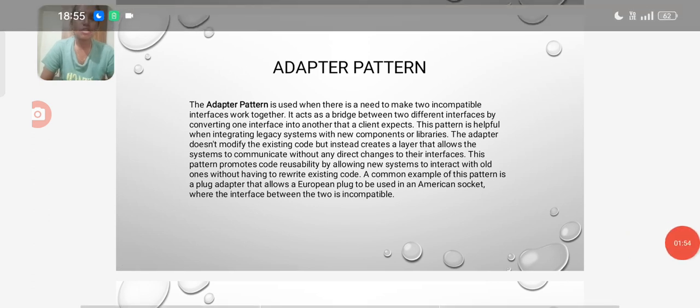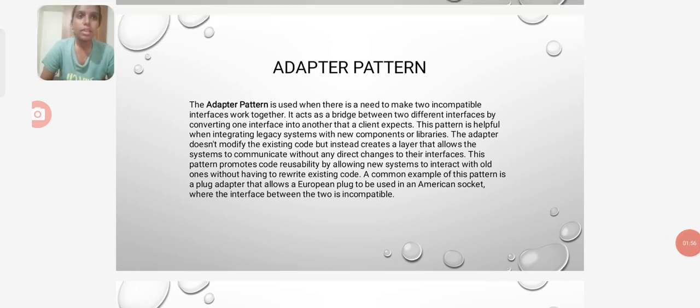Adapter pattern is used when there is a need to make two incompatible interfaces work together. It acts as a bridge between two different interfaces by converting one interface into another that a client expects. This pattern is useful when integrating legacy systems with new components or libraries. The adapter does not modify the existing code but instead creates a layer that allows the systems to communicate without any direct changes to their interfaces.